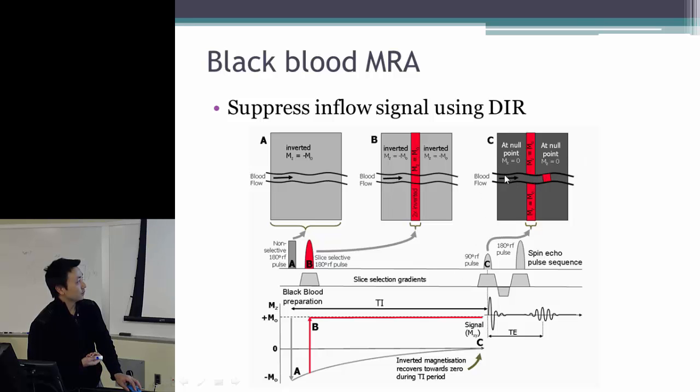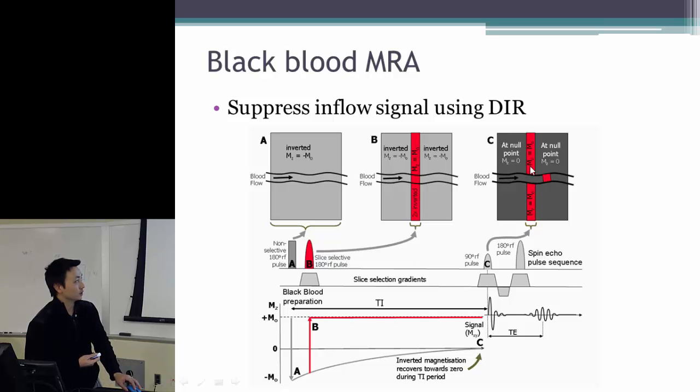After the TI, the blood signal has now reached its zero longitudinal magnetization time point. At this point, if we do another excitation RF pulse for this same slice, then for the static tissue, because it has been flipped back to the equilibrium state, it will be excited as if this is the first excitation pulse it sees.